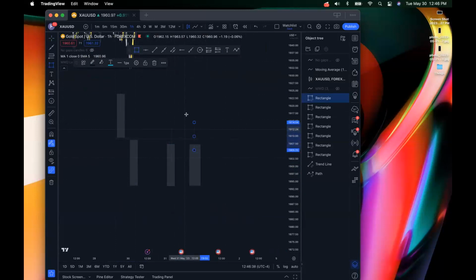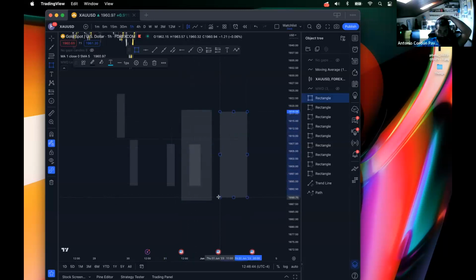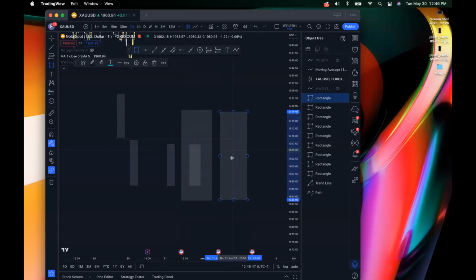Gaps can be used the second time. So this is the second time. Oh, I forgot that. And it can also be used the third time. It's all right. So this is a regular gap. This is a continuation. If you're selling, this is a continuation down, right?